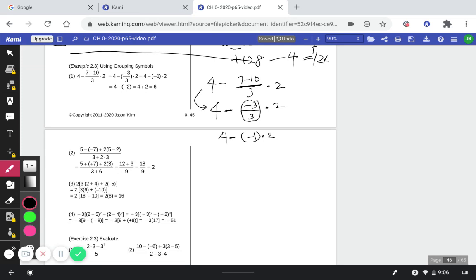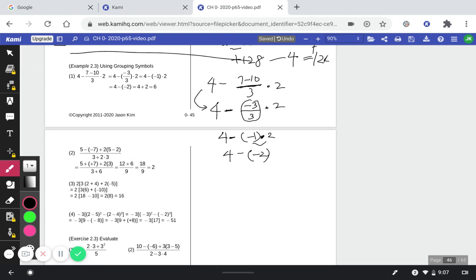So you have a minus operator and you have a times operator. Which one do you do first? Multiplication first over the minus. So you end up with 4 minus, and negative 1 times 2 is negative 2.